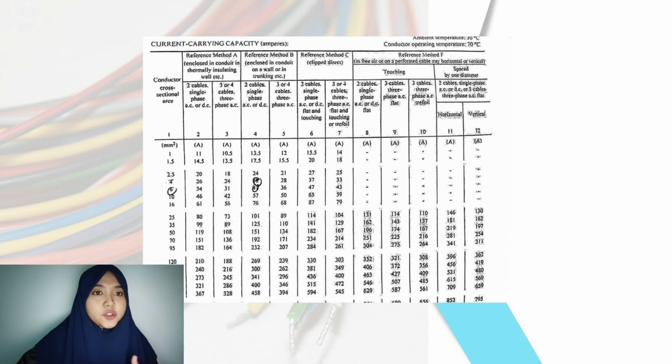So as for the socket drawing, if the current carrying capacity is 24 ampere, then automatically the cable size is 2.5 millimeter square. Okay, that's all for the power factor correction and the cable size.